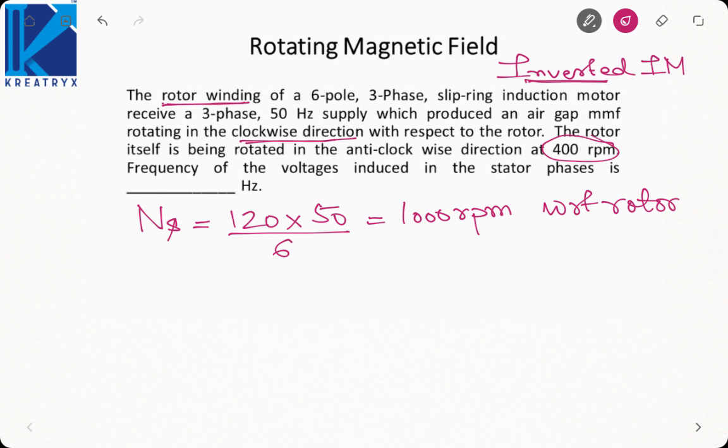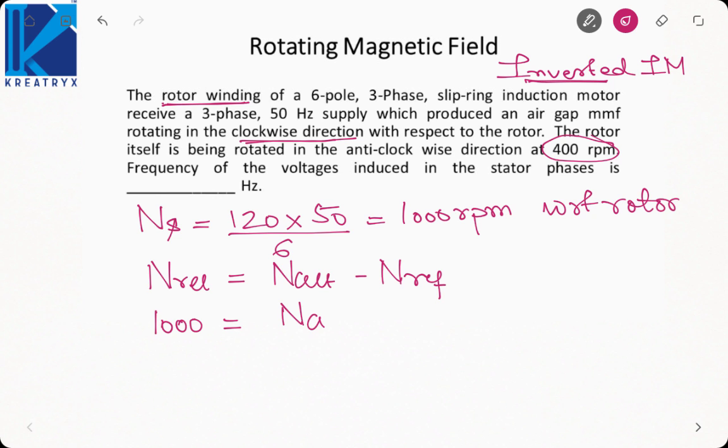Now it is saying the rotor itself is rotating in the anti-clockwise direction at 400 RPM, and the magnetic field rotates at 1000 RPM in clockwise direction. So as you can see, the direction of rotor and the magnetic field is opposite. Now we know relative speed is equal to actual speed minus reference. Here relative speed with respect to rotor is 1000.